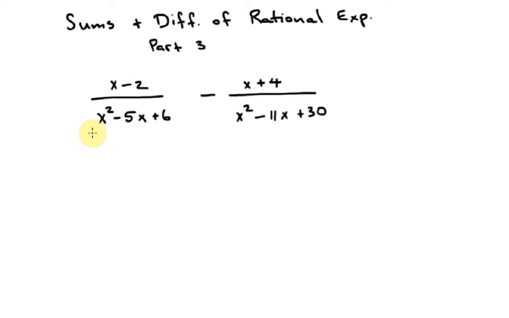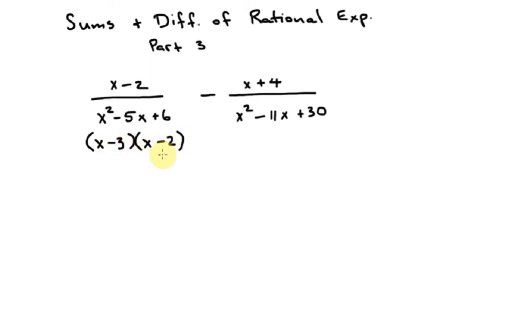So, right underneath here, I'm going to squeeze in the factored form of this denominator. So x and x, and I need to make positive 6 in such a way that it adds up to negative 5. So I'm thinking negative 3 and negative 2.